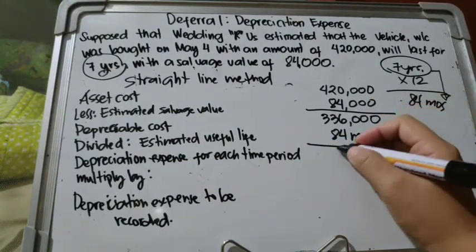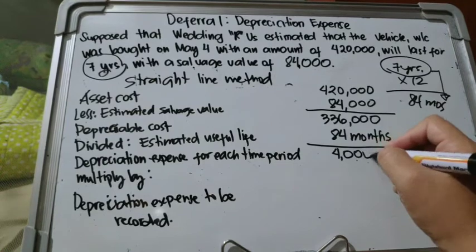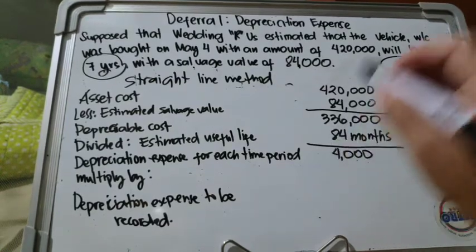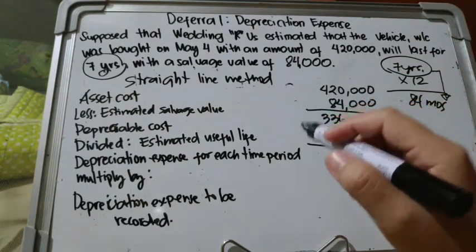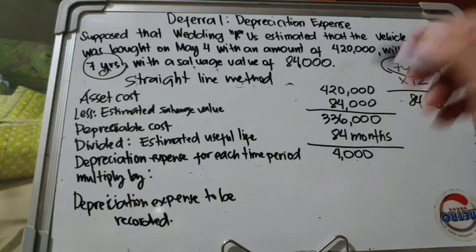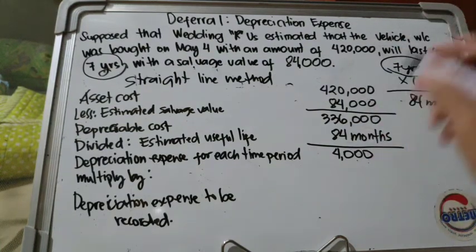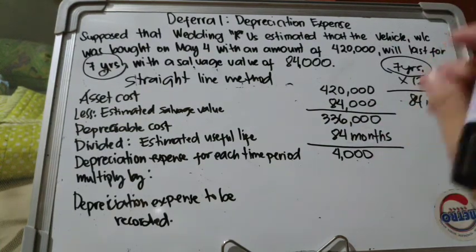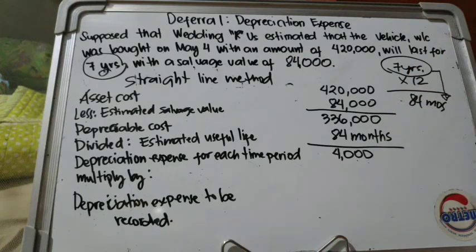And you will get 4,000. So, this 4,000 is the depreciation expense for each time period. So, kada month, made-depreciate ng or bababa ang value ng iyong vehicle to 4,000.